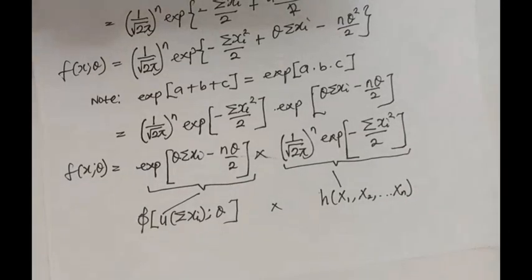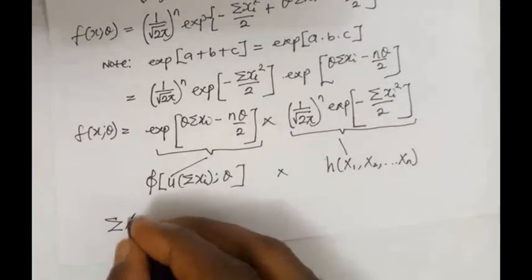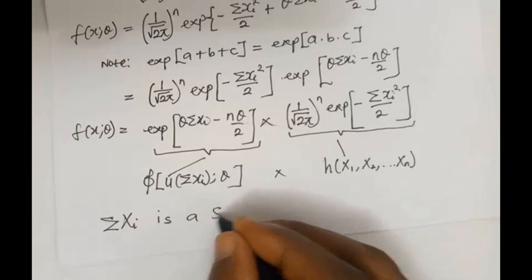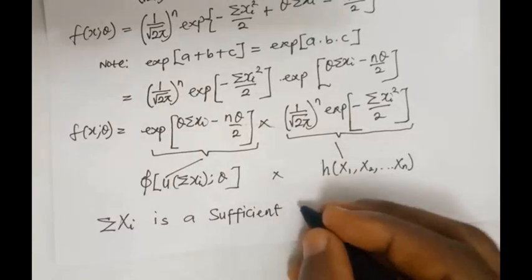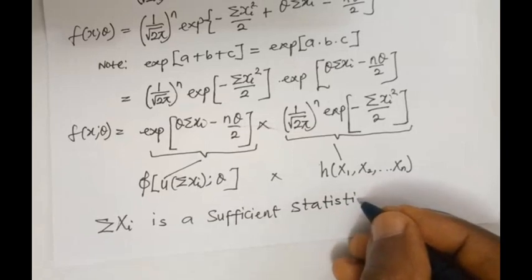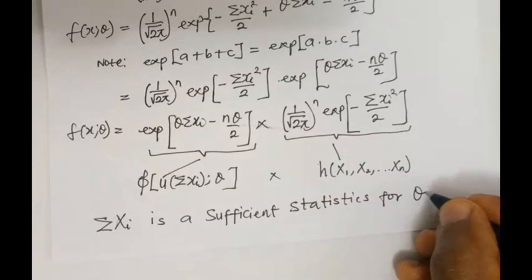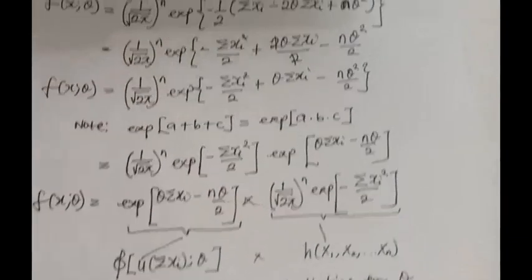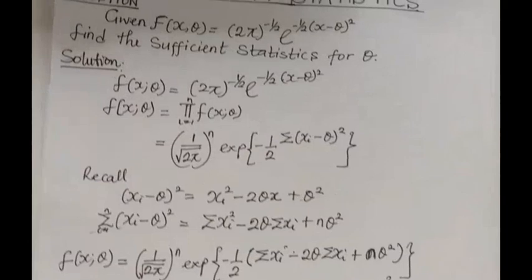So this shows that summation of xi is a sufficient statistic for theta. So this is how we can obtain the sufficiency for the normal distribution that is given.